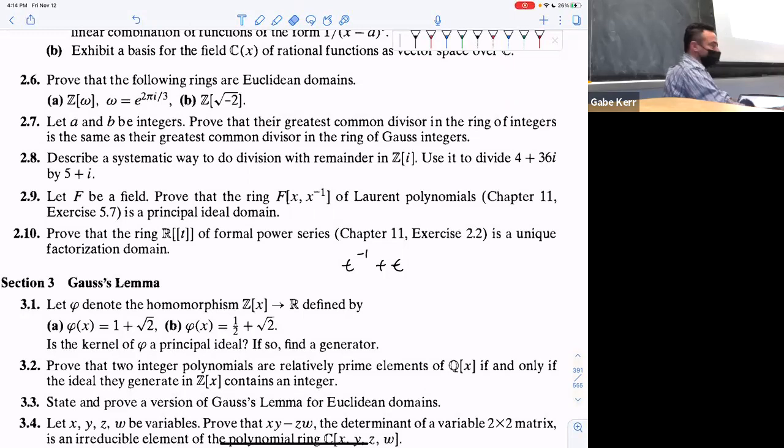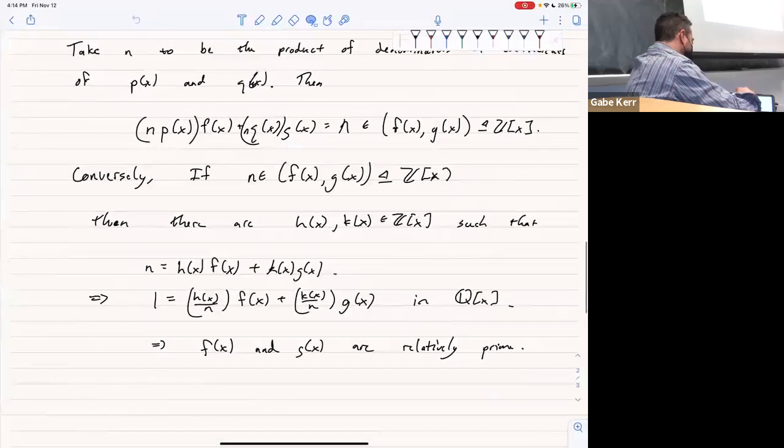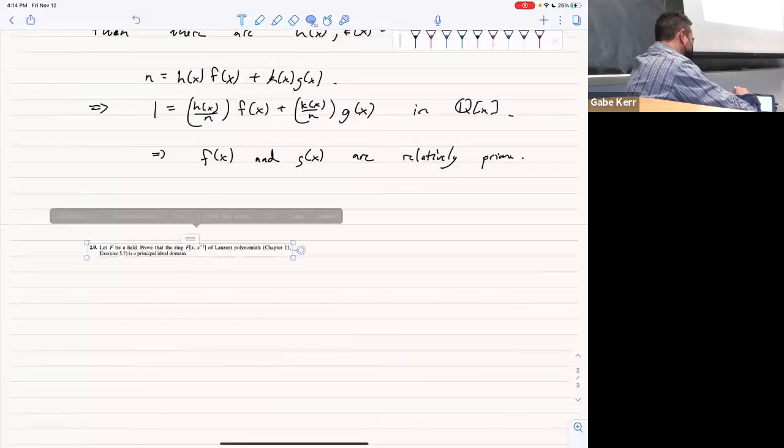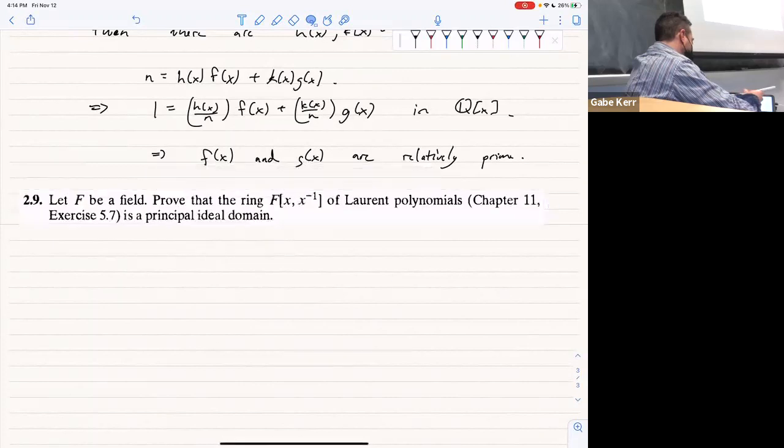Give yourself a little notation, so let I be an ideal. I'll show there's a single generator.